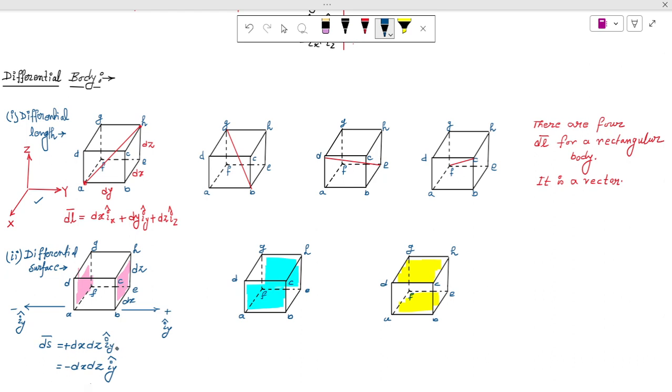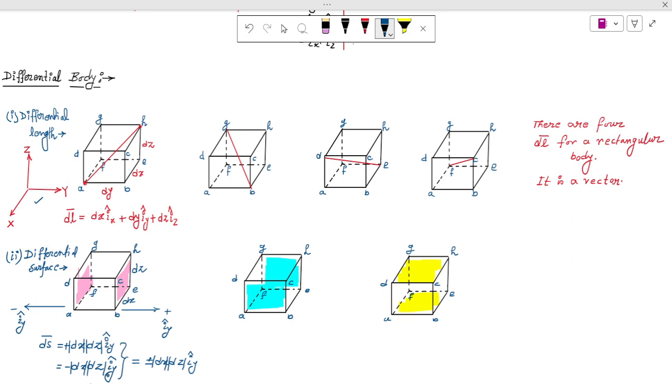In combined way, you express this as plus minus dx dz iy. Must remember these are the mod values. So this is our differential surface.